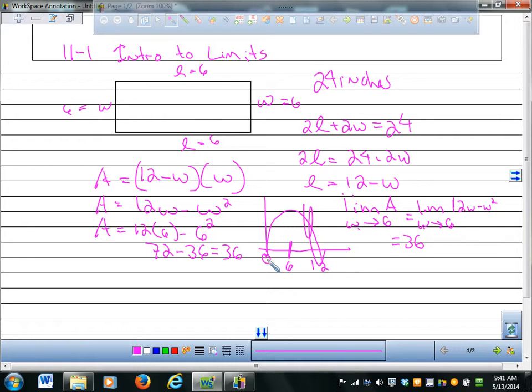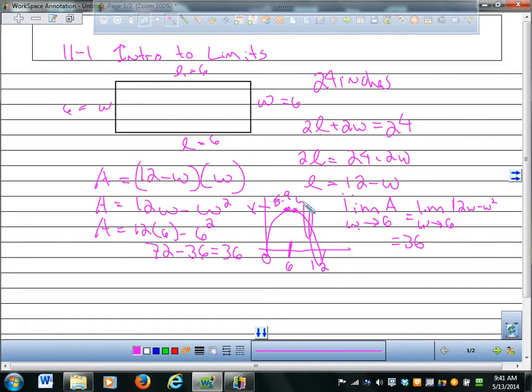The way we find a limit is by looking at what happens to the y value as you get closer and closer to some x value. You might plug numbers into your calculator, because a lot of times you can't do it graphically like that, though this one is very simple to do algebraically. If I plugged in 5.9, I would get a number very close to 36.